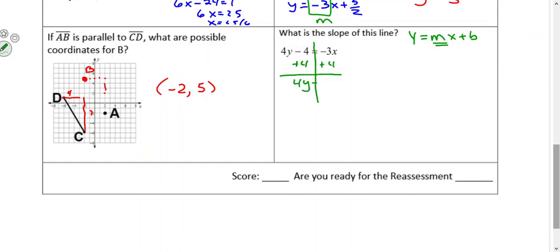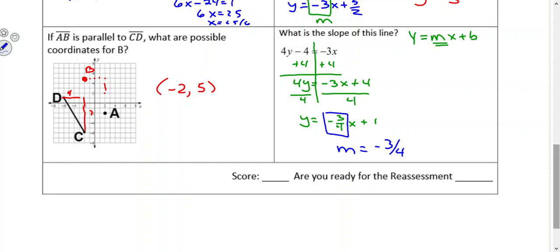That gives us 4y equals -3x plus 4. Now we need to divide everything by 4 to get y by itself. This gives me y equals -3/4 x plus 1. Once I have it in slope-intercept form, I can easily read off my slope here, which is -3/4.